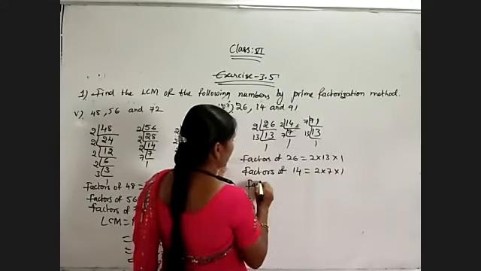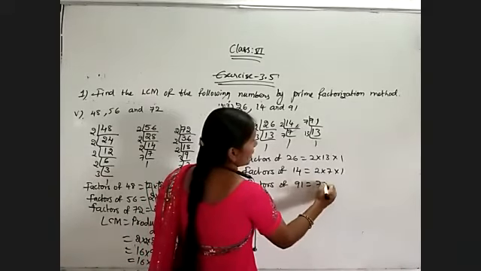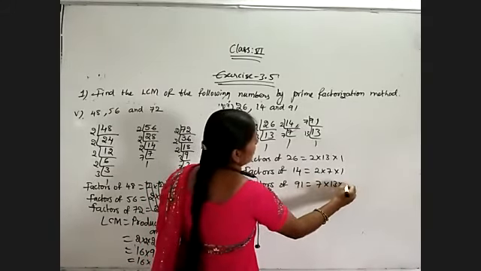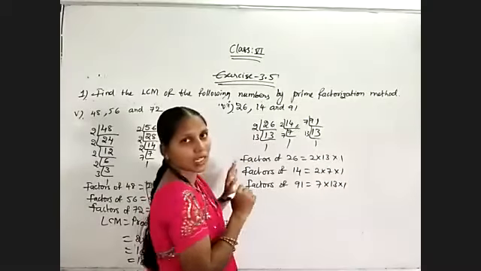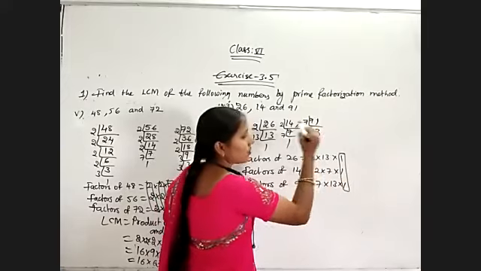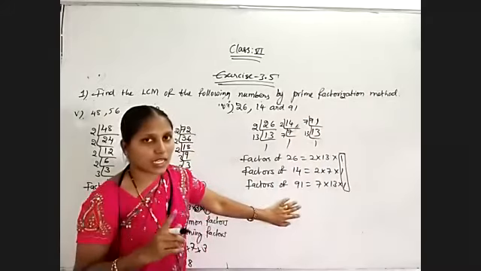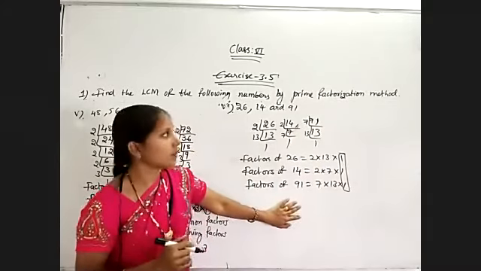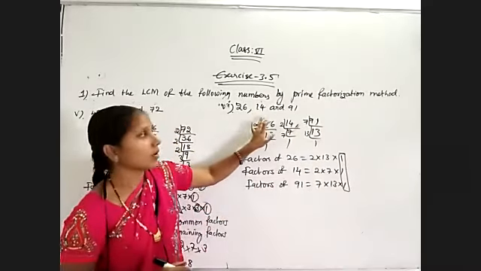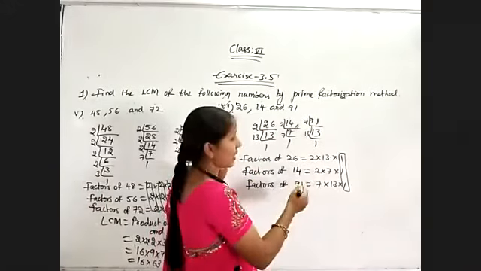Factors of 91 is equal to 7 into 13 into 1. So first of all identify the common factors. Only 1 is common for all the 3 numbers. If we are getting only 1 as the common factor, what will be their LCM? Their product only, yes or no? We will check. Sorry, here common factors we have.